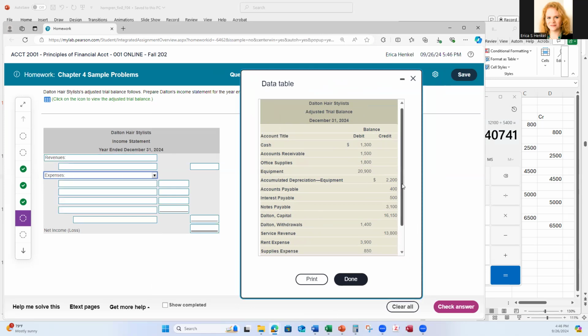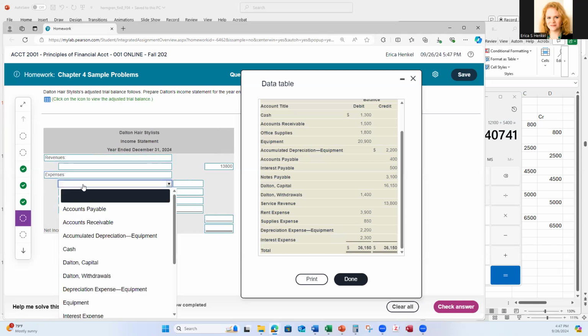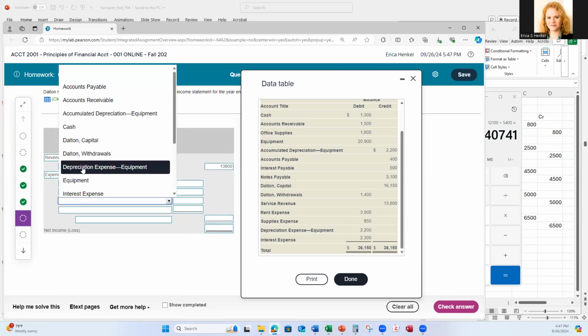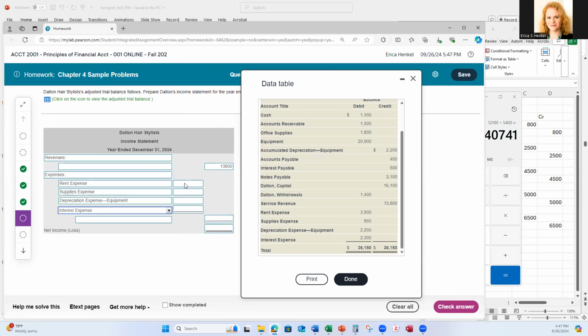So scrolling down here, looking for our revenues, 13,800. And then for expenses, we've got rent, supplies, depreciation, and interest.